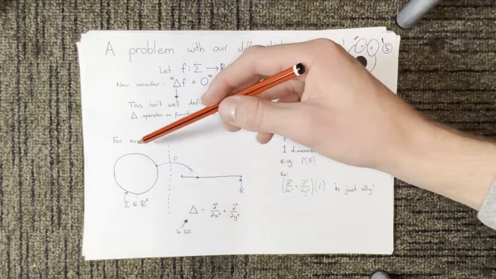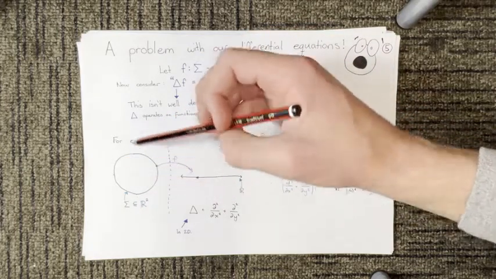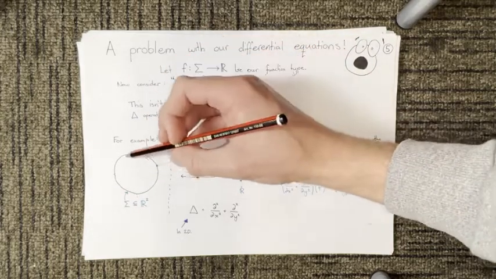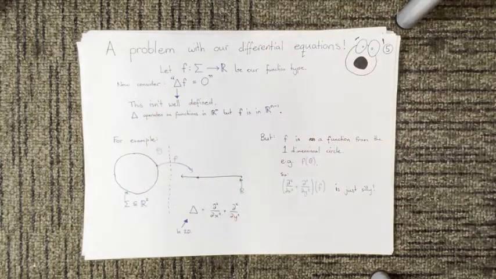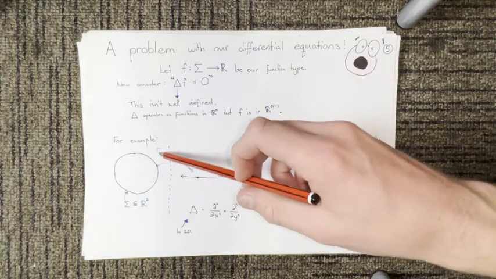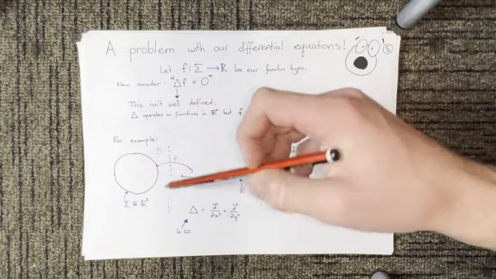Here I've got an example with a circle. So you've got this 1-dimensional circle which could be specified by a single value theta, representing like how far around the circle you are, for example. And then we take a function which takes the theta as an argument and spits out a real number.